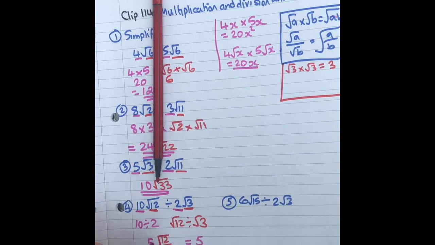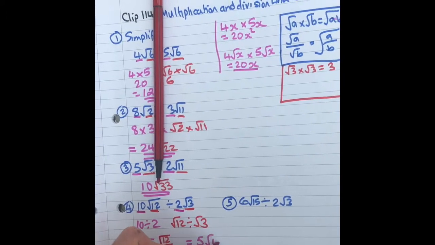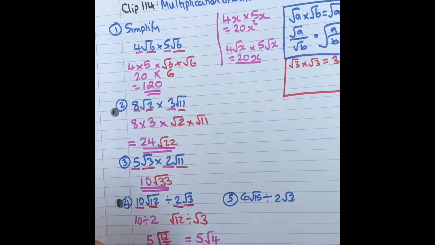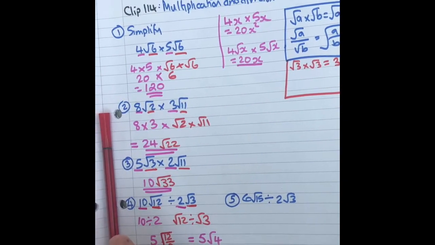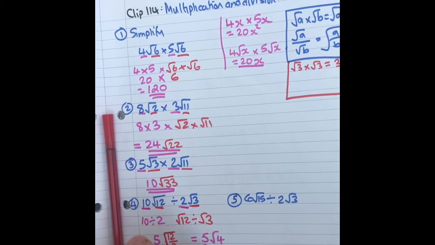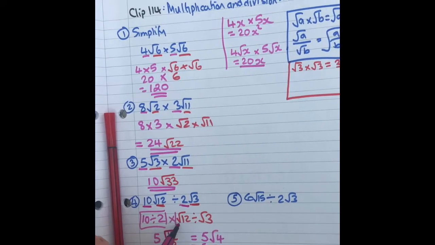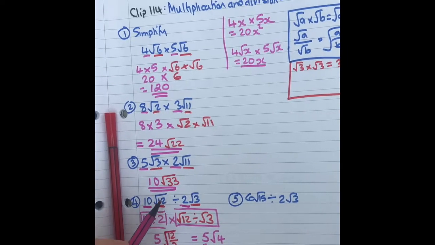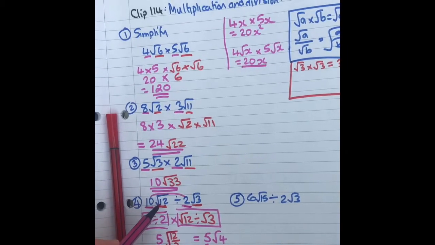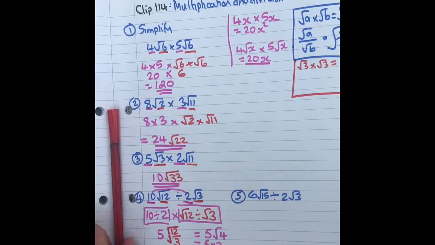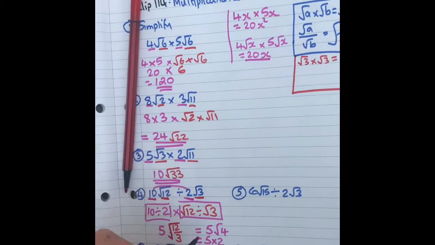That's 4. So it's 5 times the square root of 4. Well, like we did in the last clip, what's the square root of 4? That's 2. So this is just 5 times 2. Just be careful, it's this one times this one, even though there's a divide in the middle, that's for that and then for the roots. So it's 5 times 2 and the answer will be 10.